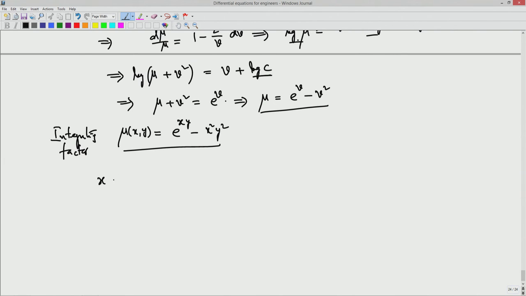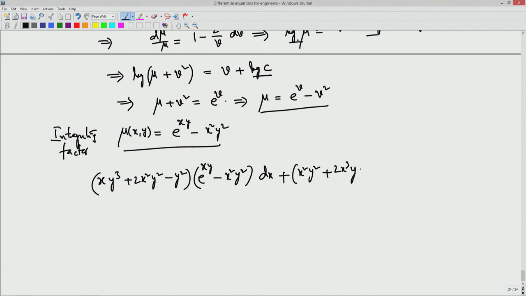Now I take the equation xy cube plus 2x square y square minus y square into this integrating factor e power xy minus x square y square dx plus x square y square plus 2x cube y minus 2x square into again integrating factor e power xy minus x square y square dy equal to 0. So this is now exact.